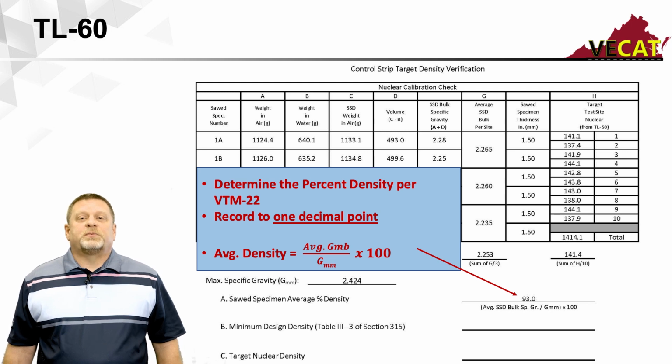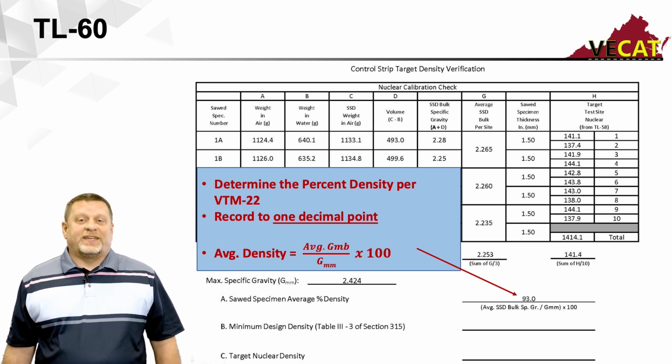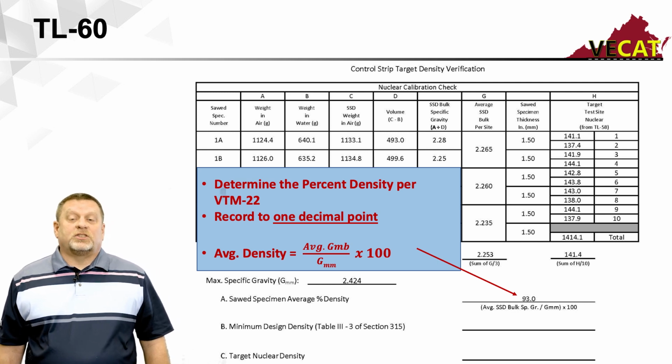The RICE for this particular day's production, which you get by reaching out to your lab and asking them for the daily RICE, is a 2.424. From that, I use the formula where I take my average bulk specific gravity, divide it by my RICE, times 100, and that gives me a density of 93.0.